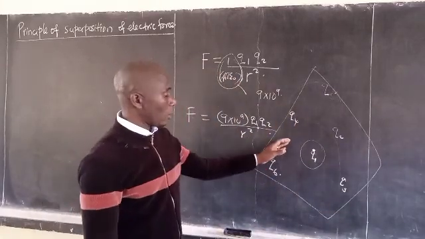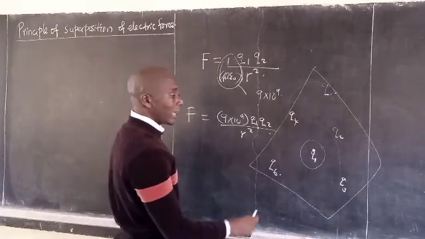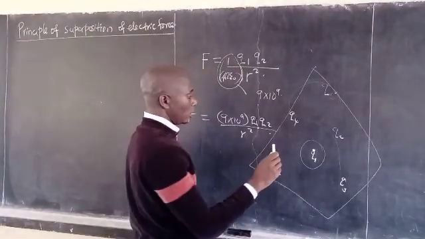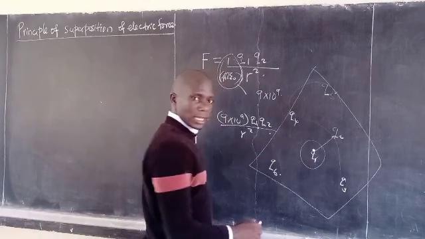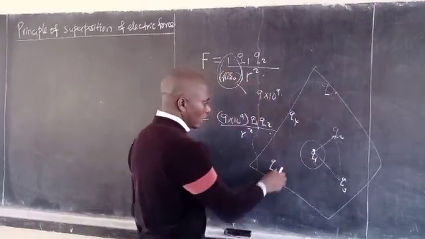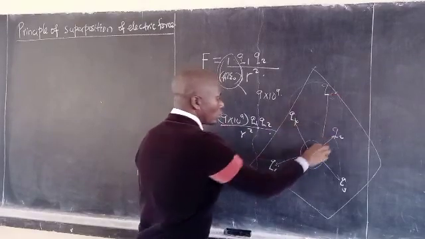You see, there are quite many, and the way to do it is I calculate the force due to each charge. So the force on charge 1 due to charge 2, the force on charge 1 due to charge 3, due to charge 6, due to charge 4, and due to charge 5.